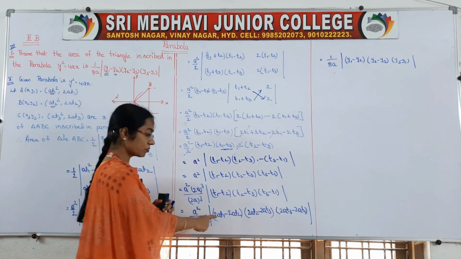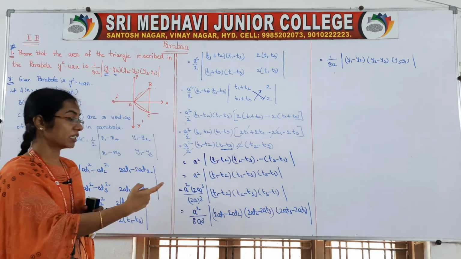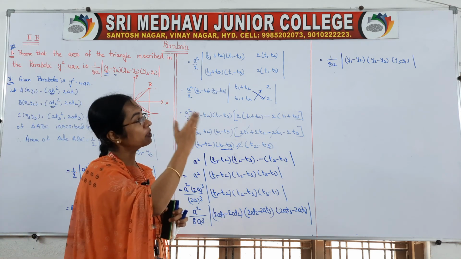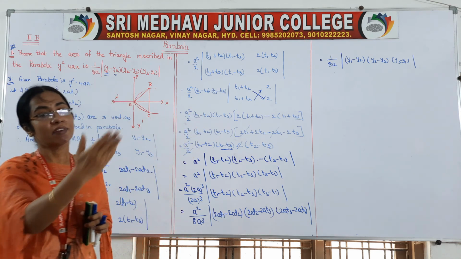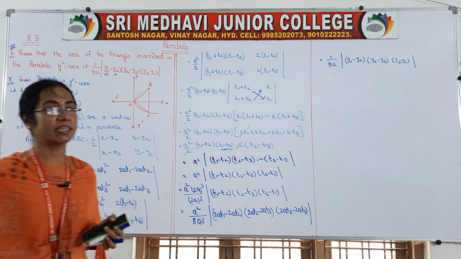What happens? 2a t1 minus 2a t2, 2a t2 minus 2a t3, 2a t3 minus 2a t1, right? Nothing but y1 minus y2, y2 minus y3, y3 minus y1. So that is the area of the triangle.